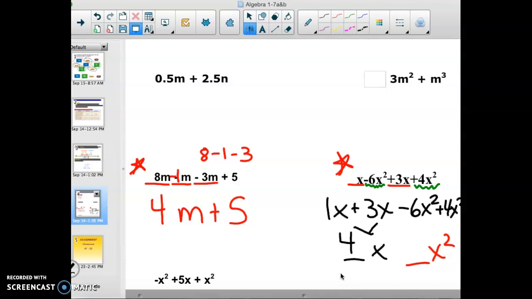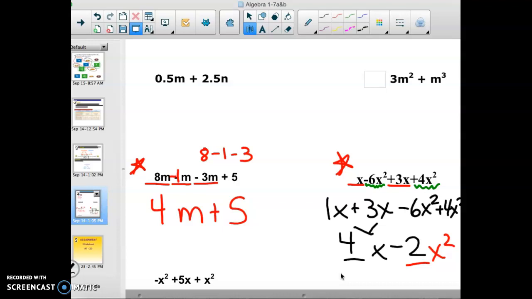So we have -6 plus 4. And what do we get when we get -6 plus 4 now, Elvis? 2. And is it positive or negative? Negative. So we go -2, or -2 x squareds. Can I put those two piles together?